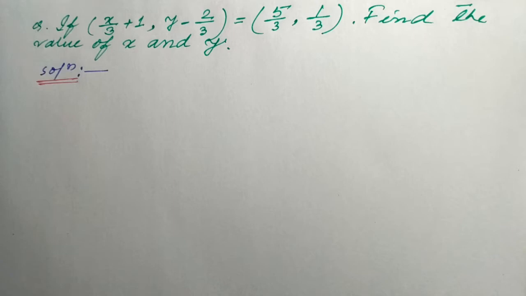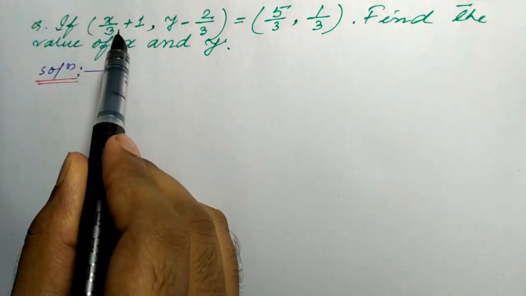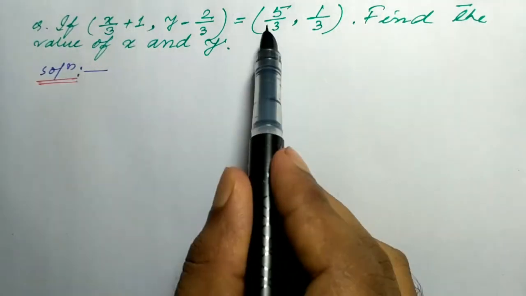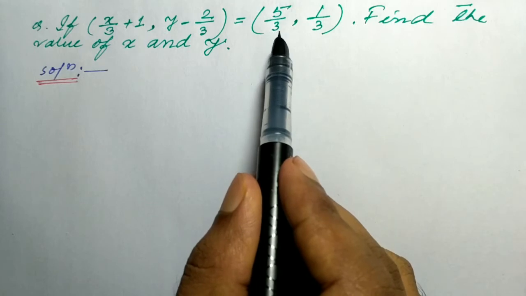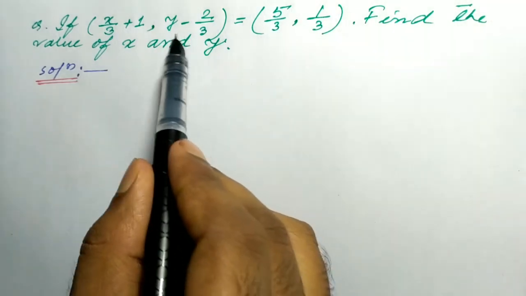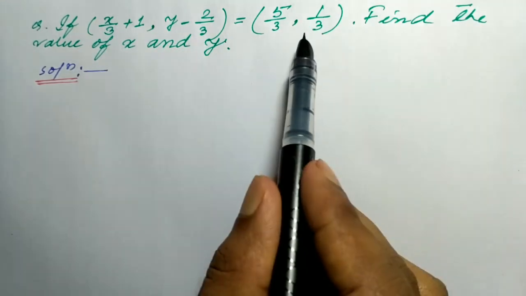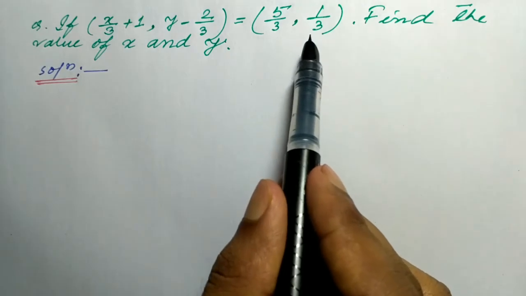As we have discussed in the conventions of Cartesian product of sets, if two ordered pairs are equal, then the first term in the first ordered pair will be equal to the first term in the second ordered pair, and the second term in the first ordered pair will be equal to the second term in the second ordered pair.